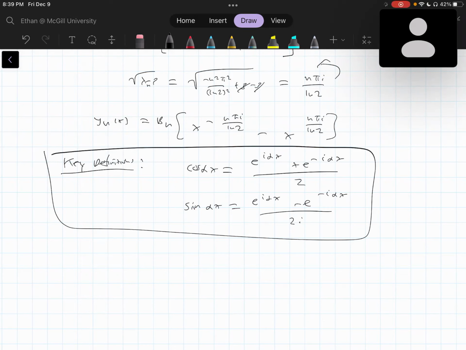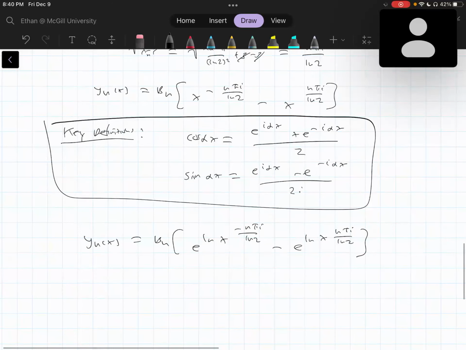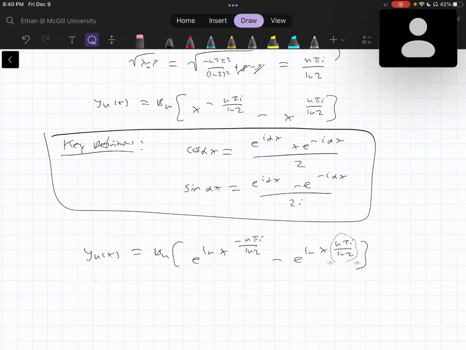So obviously we're going to want some exponential functions. So we're going to use the same kind of property that we used before. We're going to say that y_n of x is equal to b_n e to the ln x to the power, I'm just going to move this up a little bit to make it clearer.